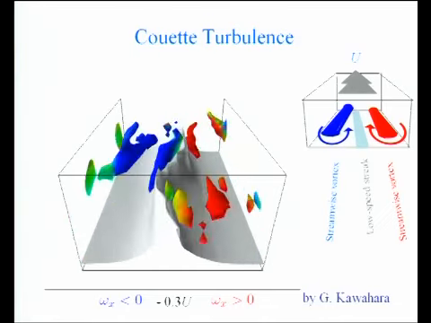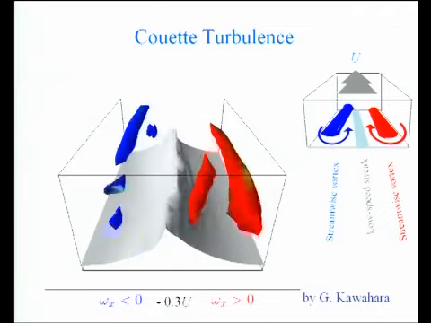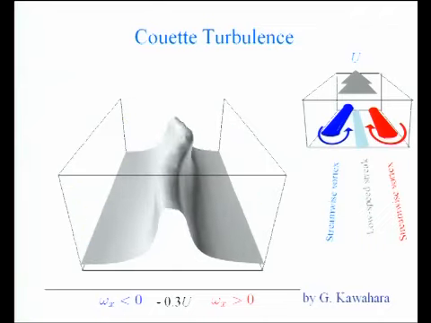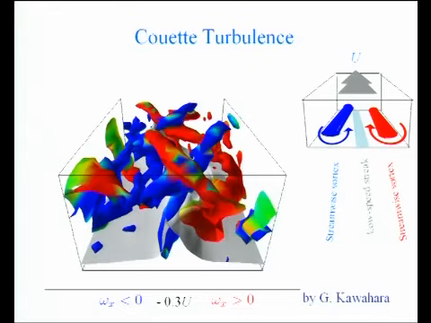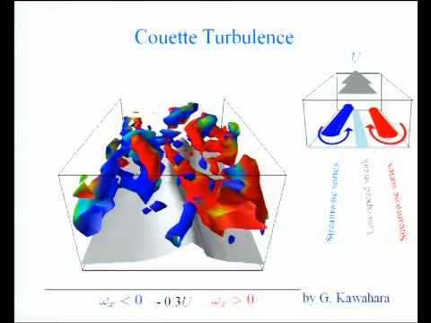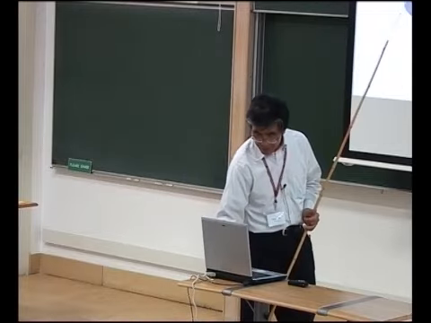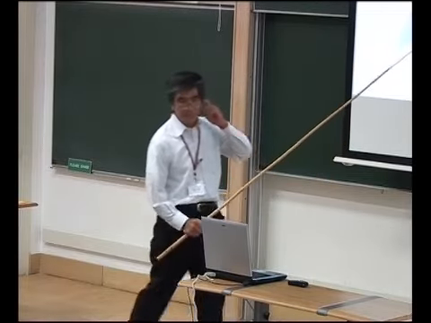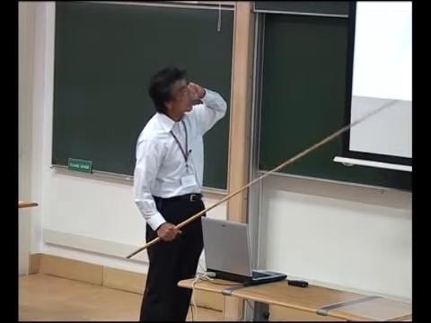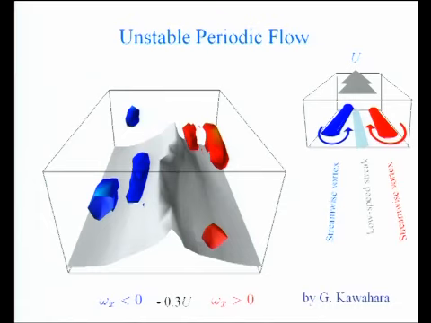In this turbulence simulation, we see a nice repetition of appearance and disappearance of the low speed streak and streamwise vortices. Of course, this is turbulence, so it is not periodic and does not repeat itself.